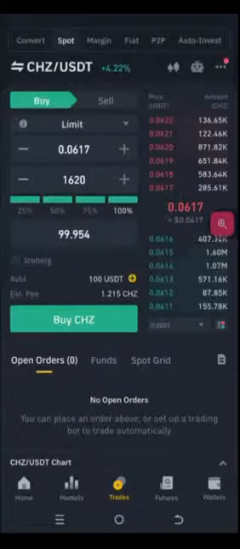This is going to determine how much you can make. If I'm making 1 cent on each of these pieces, I'm going to make 1 cent times 1,620. If I'm making 1 cent each on the other coin, that's going to be 200 and whatever times 1 cent, and that's going to be less. Those are the things we have to look at.